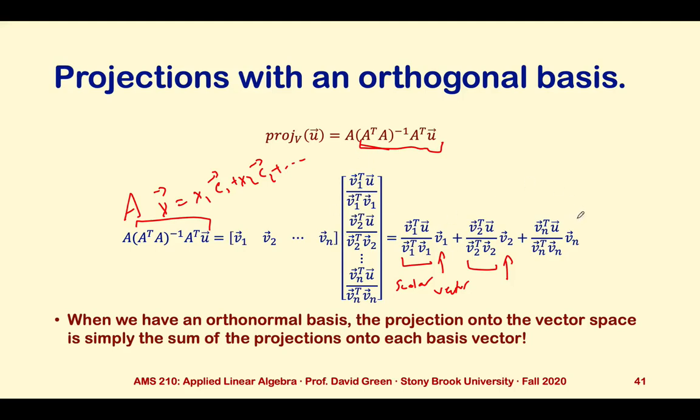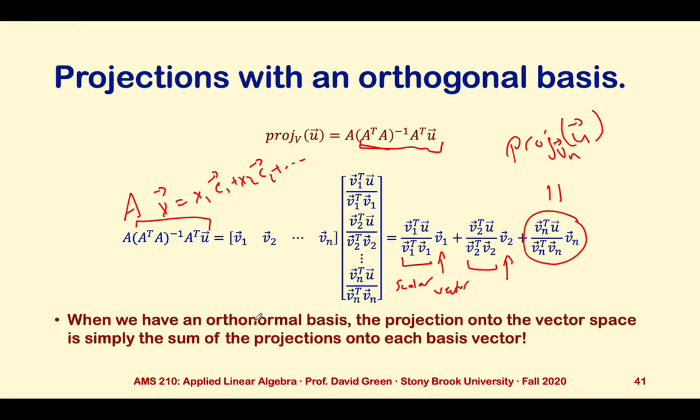Now, let's take a look at what each of these terms looks like. Vn transpose times U, the dot product of Vn with U, divided by Vn transpose Vn, the dot product of Vn with itself, multiplied by Vn. This is exactly the result that we found before for the projection of a vector onto a vector.